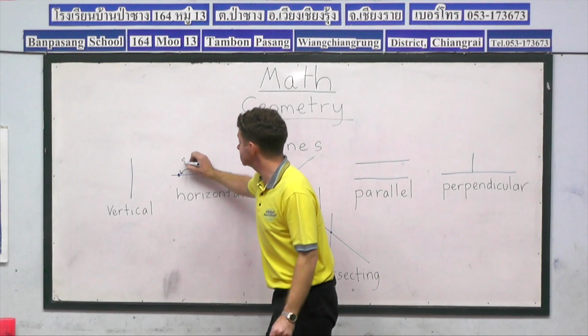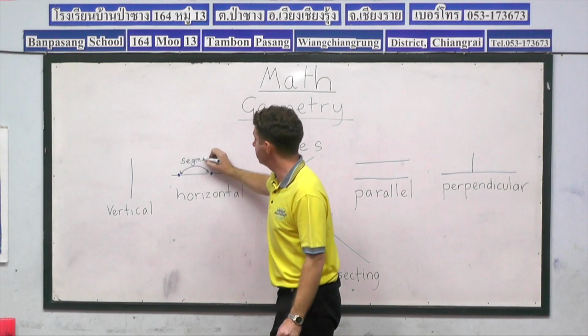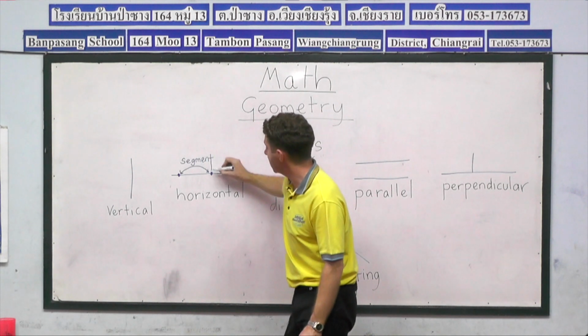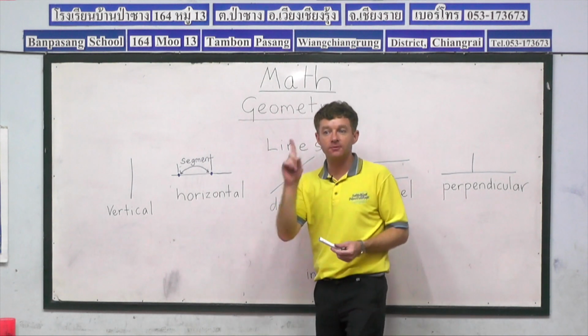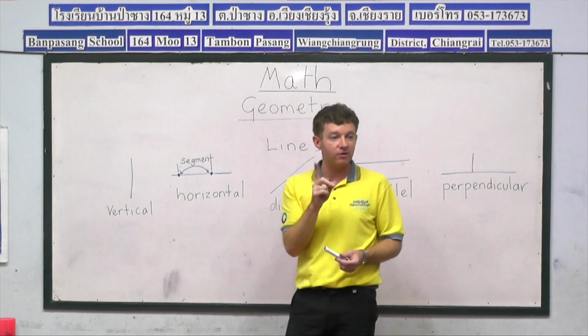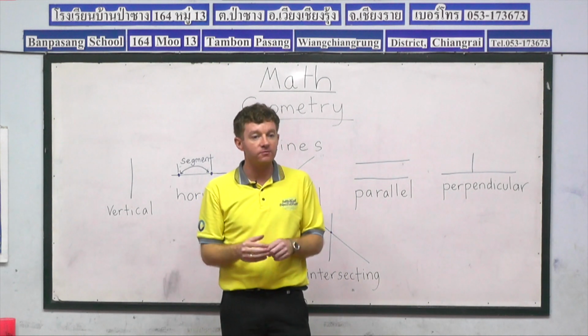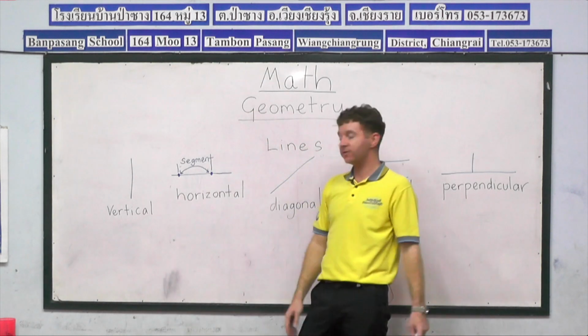So S-E-G-M-E-N-T. The segment of the line is here to here. Now, who remembers the first geometry lesson? If we have points, what do we need to give our points so we can tell them apart? So who can give me a letter for this point?